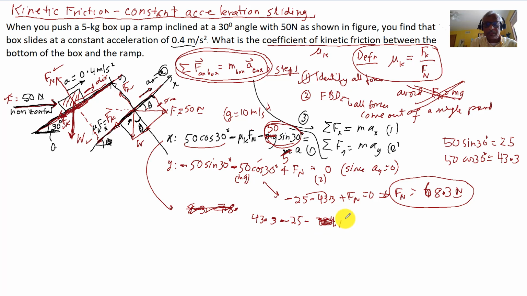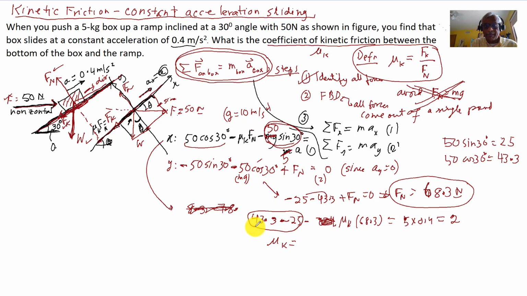Actually mu k is unknown, and 68.3 is equal to 5 times a, and then we can simplify.